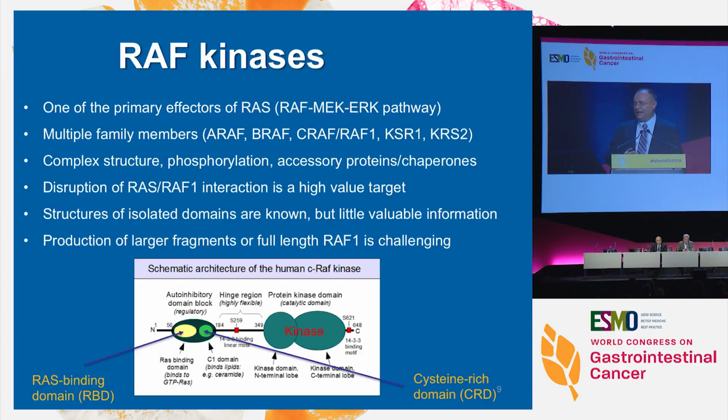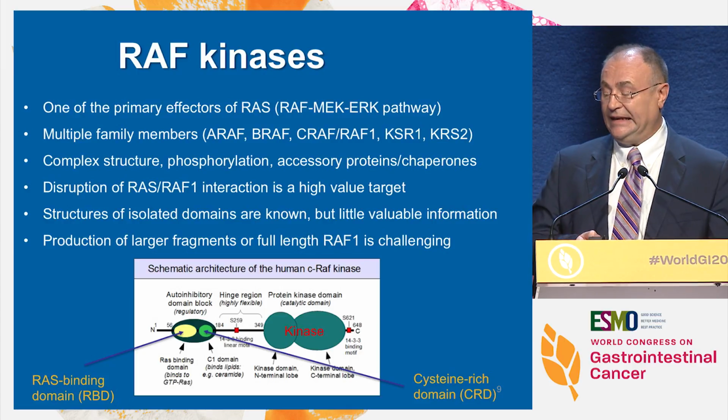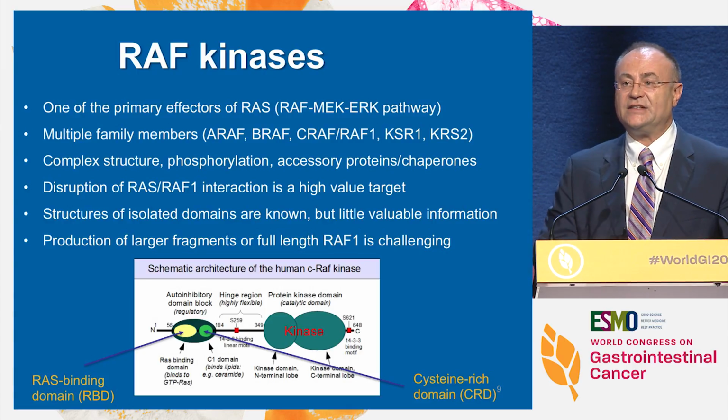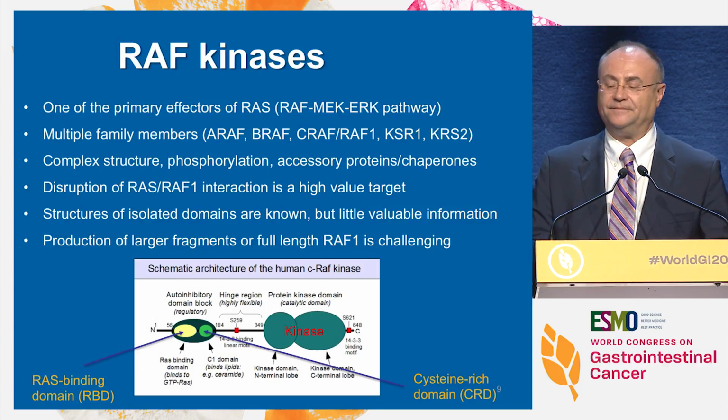So if you can interrupt RAS and RAF1, you will be successful, because this is an upstream event. But so far, that has been very difficult. So many people try to develop inhibitors against the RAS binding domain, much less than the cysteine-rich domain.